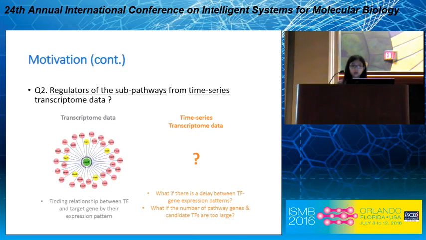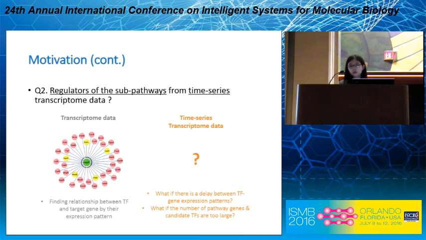And the second issue is finding regulators of the genes. Usually there are a lot of methods to find relationships between regulators such as TFs and target genes by their expression patterns, such as correlation.